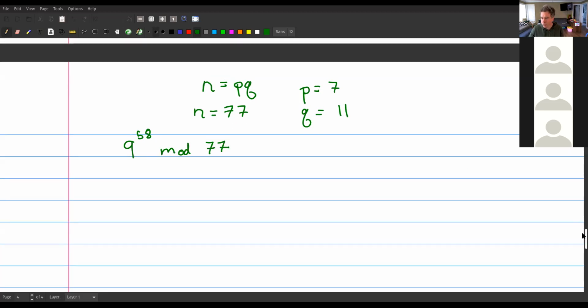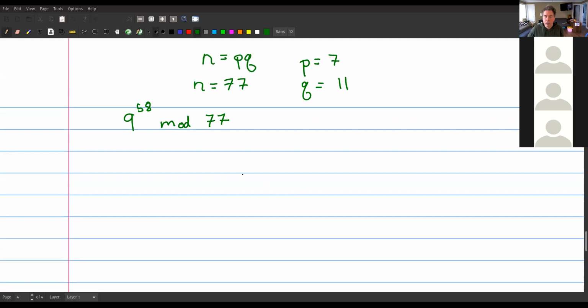The Chinese remainder theorem says that instead of doing everything mod 77, you can do it mod p and mod q, and then put those two answers together to get the answer. So here let's go mod 7, that's mod p, and over here mod 11.